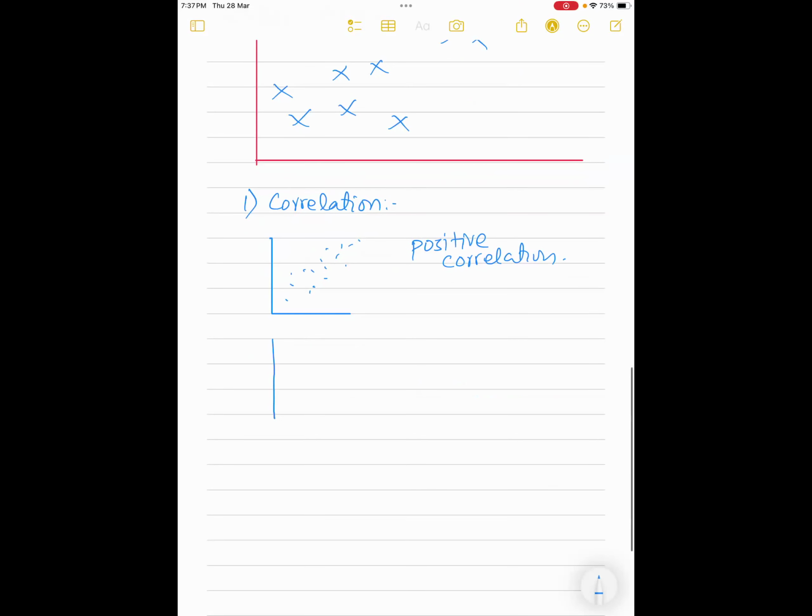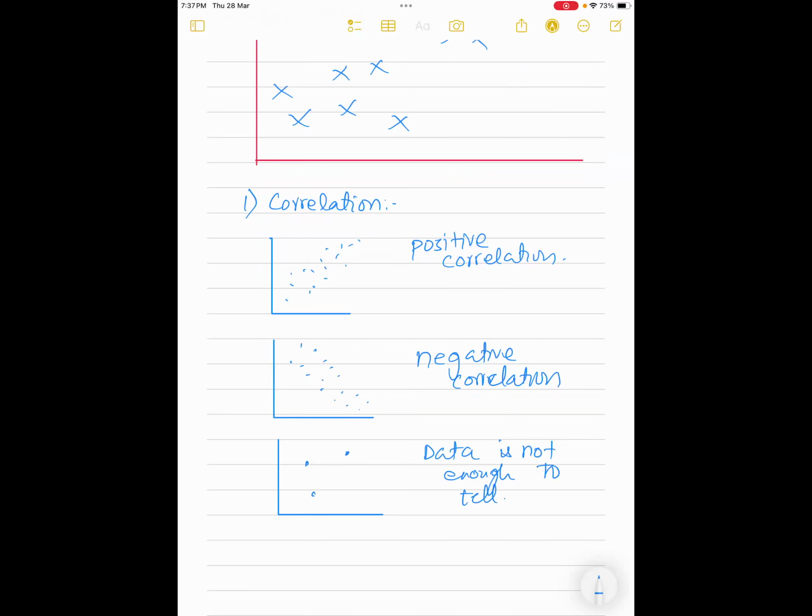When your values are floating like this, it is negative correlation. And whenever, for example, you have only three values, your data is not enough to tell. Got it?